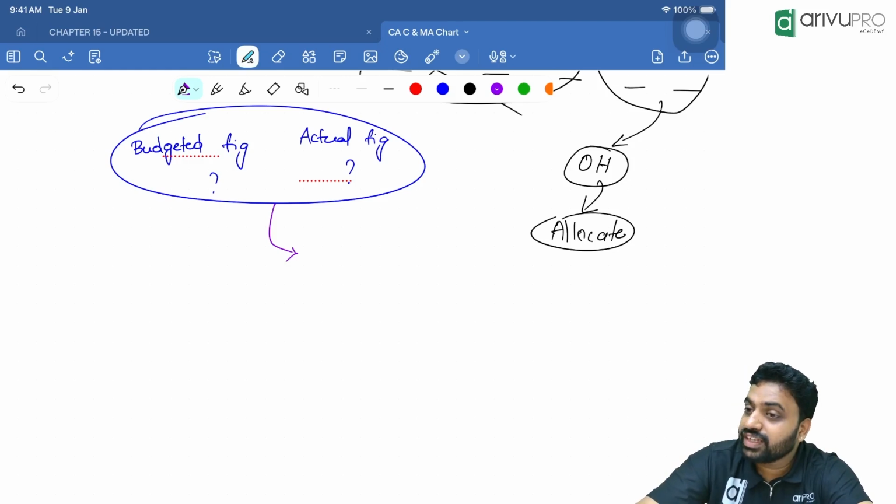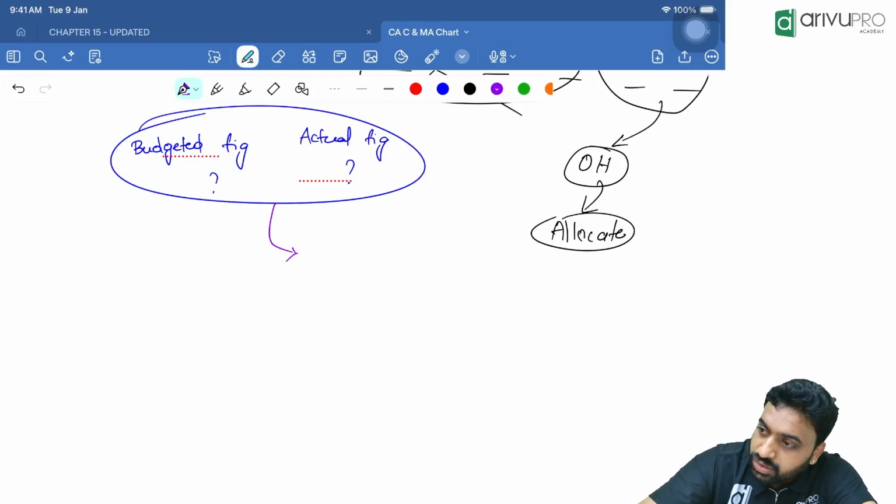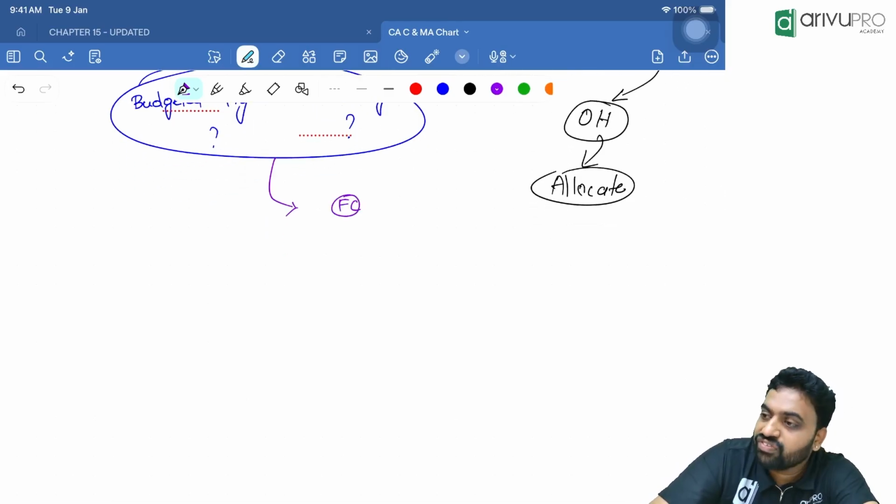Yes, different departments we have, managers we have. Many people are there. Yes or no? So their salary and all we have to pay, rent and all we have to pay, etc. Now, what do you think? We charge you faculty cost first. After the end of the batch, we charge you remaining overheads.